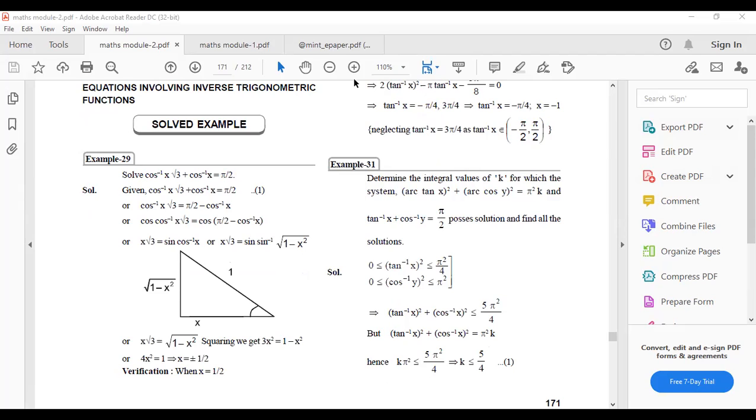You had such kind of question in your MCQ test, I guess. Arc tan x and arc cos y. You had seen this once. Determine the integral values of k for which the system (tan inverse x) square plus (cos inverse y) square equals pi square k, and tan inverse x plus cos inverse y equal to pi by 2.